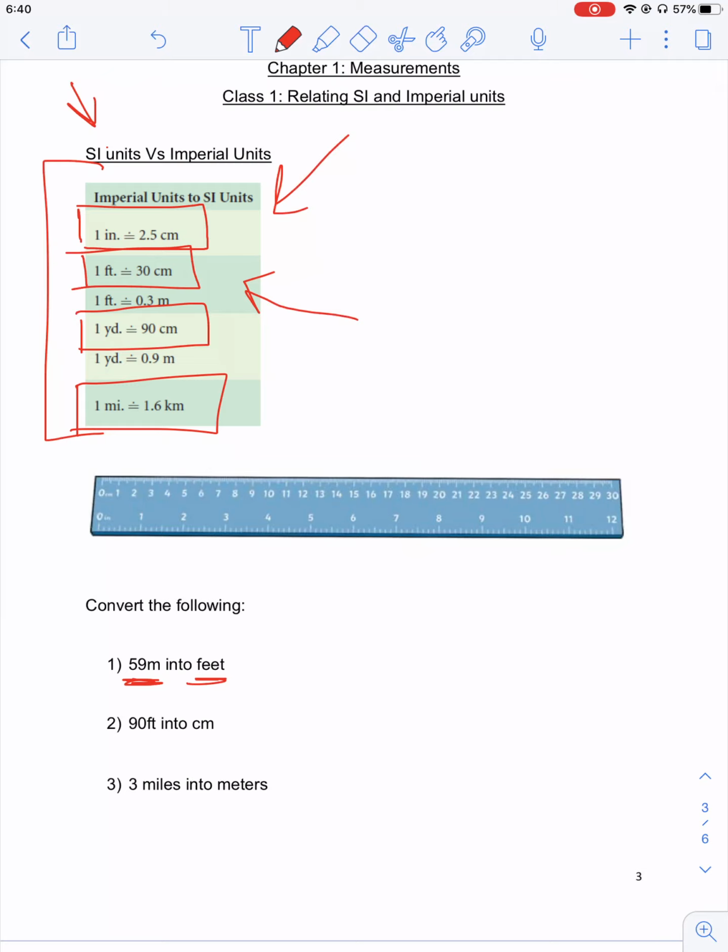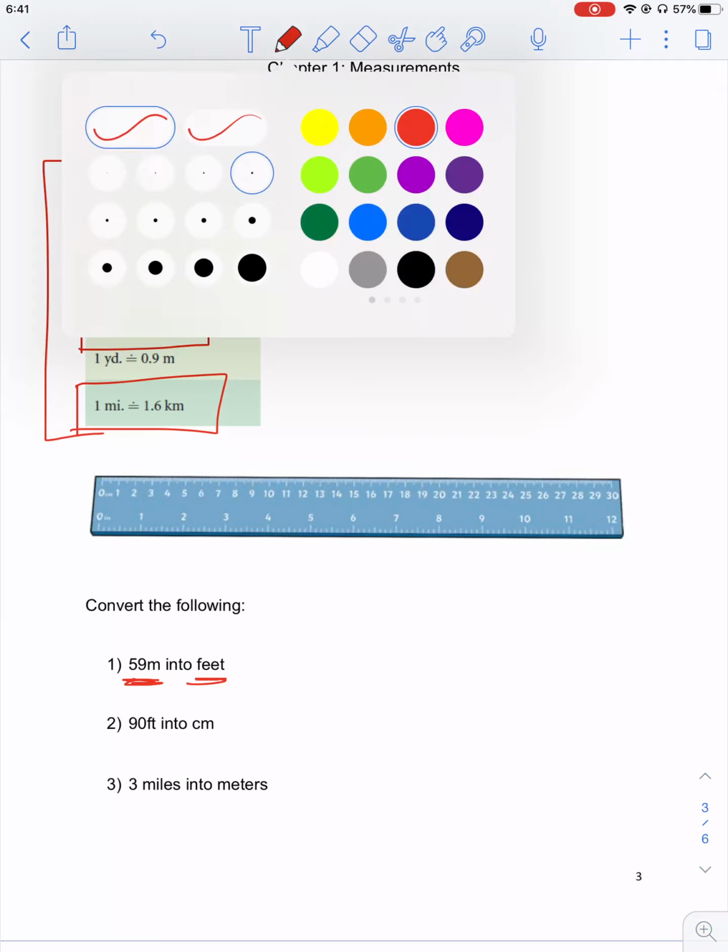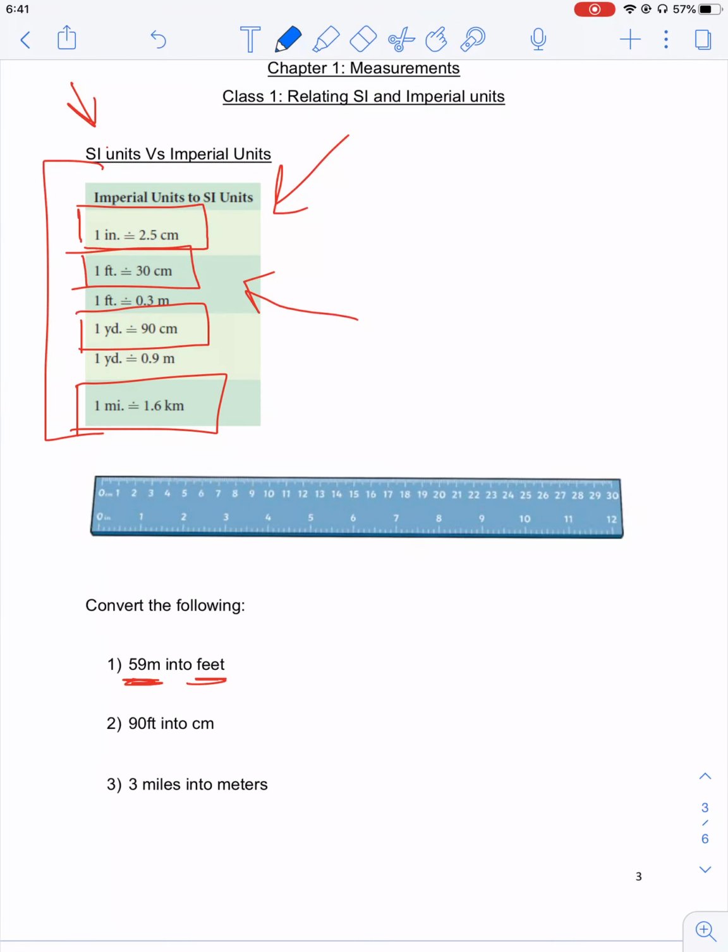So there's actually two ways of doing this question, okay? One way would be to use this ratio that relates meters and feet together, right? So you could use this ratio, and then it will give you the answer directly, okay? But because that's not one of the ones that I've highlighted, if you do that, it will give you the right answer, but I'm gonna do this a slightly longer way.